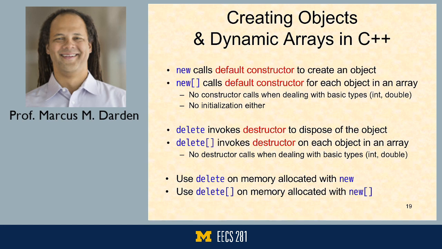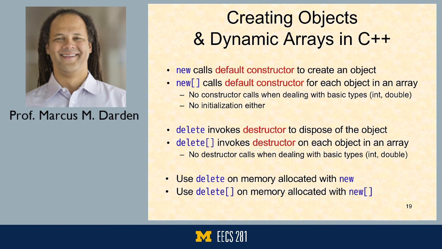How about containers full of objects? When we're creating objects in dynamic arrays in C++, we know that new is going to allocate memory for us. If I say new object, then it's going to call the default constructor and create an object.